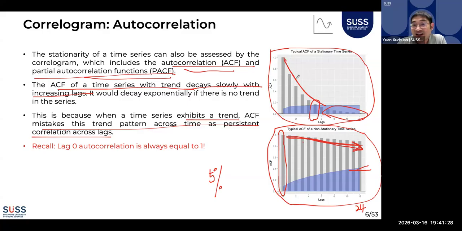While for the stationary time series, after a few lags, the ACF or PACF will be within 2 standard deviation. So we can say they decay exponentially.